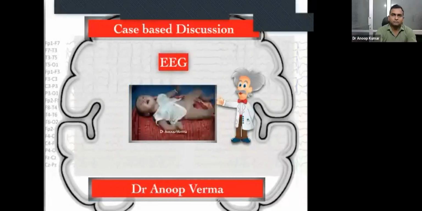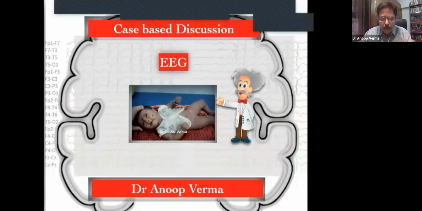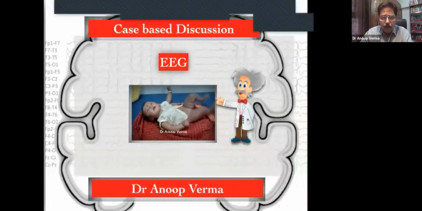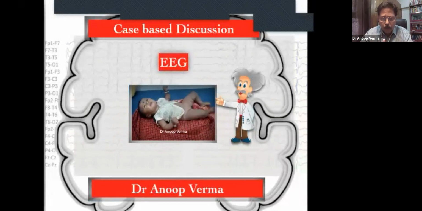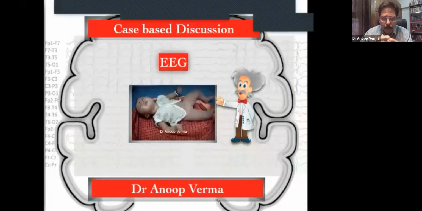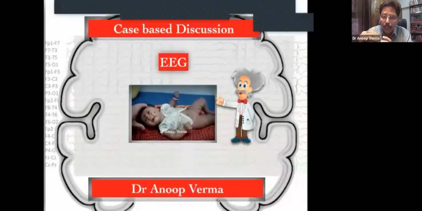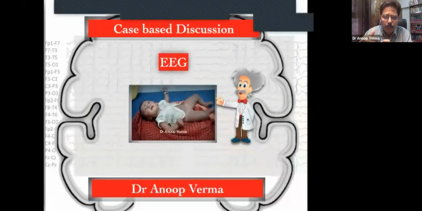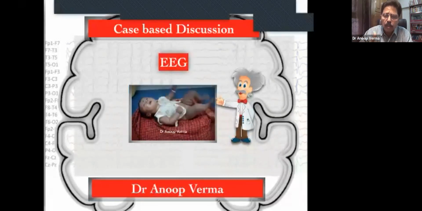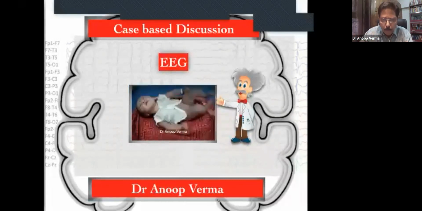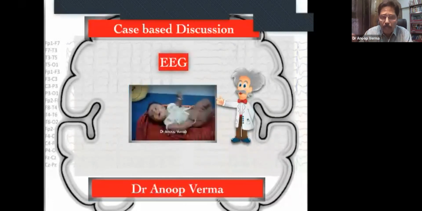As soon as the child comes to you in your clinic, your role is to at least reach a conclusion clinically about what you are dealing with, and then justify your approach for demanding EEG.